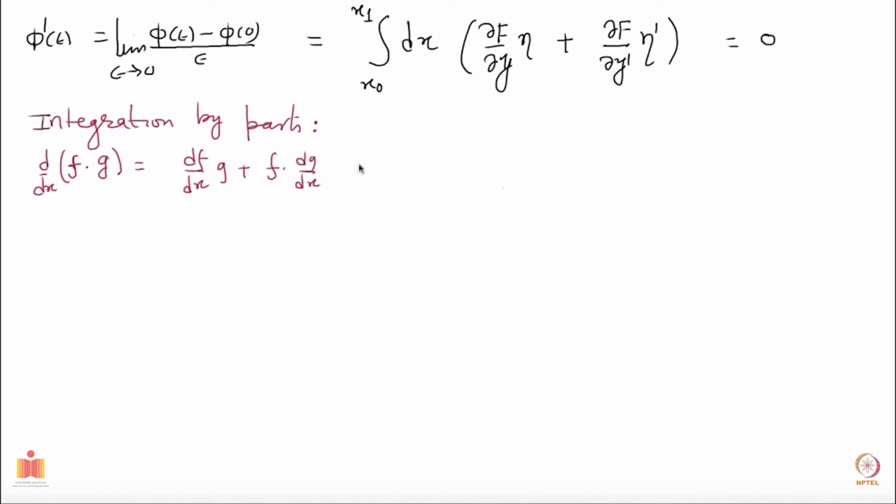Okay, which means that if I am looking at (df/dx) times g, so right now the derivative is on f and not on g, and you get f dg/dx plus d/dx of f times g. Is that correct? That is correct.